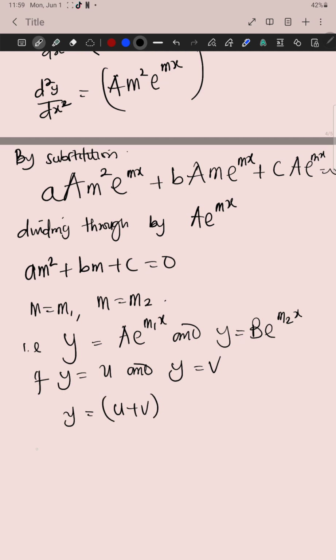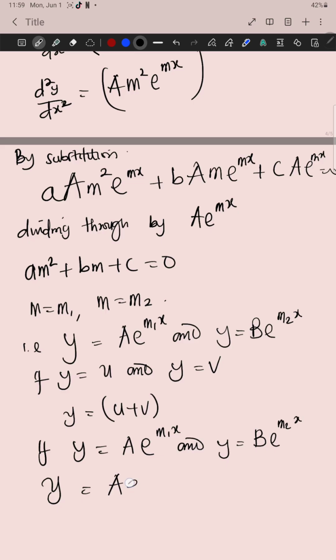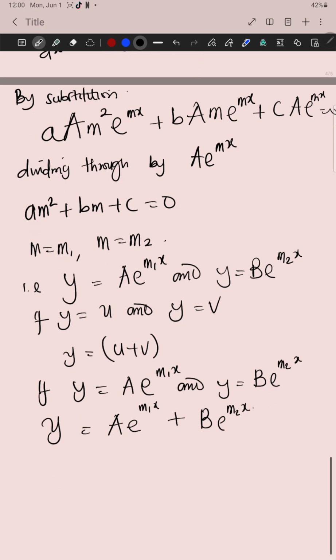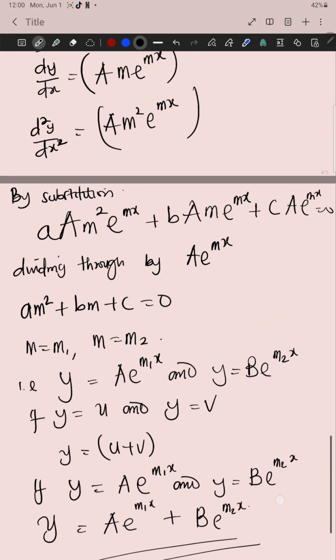So it means that if y is equal to a e to the power of m1x and y is equal to b e to the power of m2x, then our solution can be y is equal to a e to the m1x plus b e to the m2x. So this has the necessary arbitrary constants for a second order differential equation. There can be no further solution.